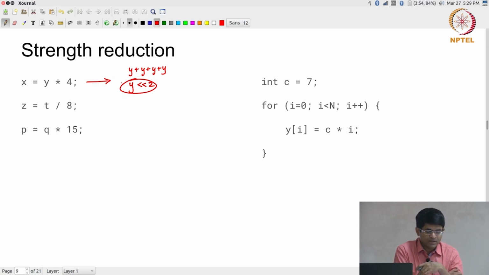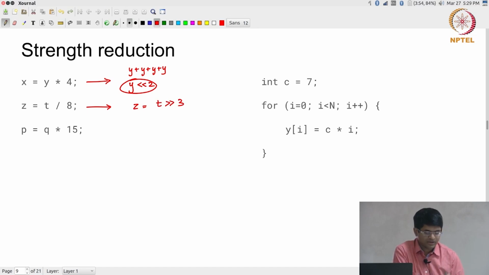So this is an example where you have taken an operation and replaced it with something that is easier to implement. Similarly, division by 8 could be right shift by 3, again assuming that t is an integer.